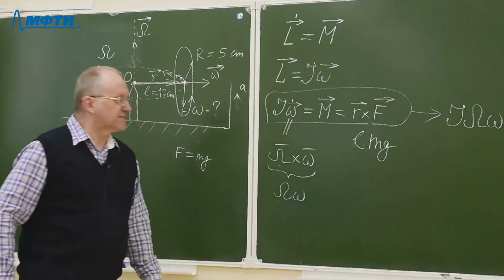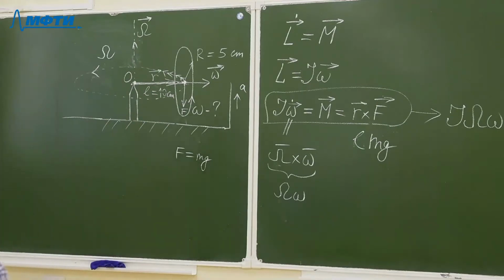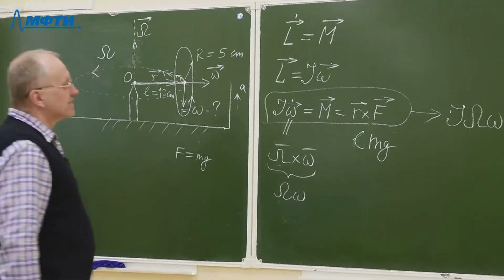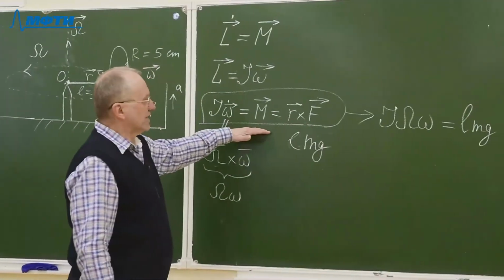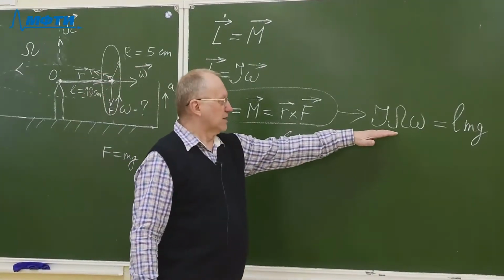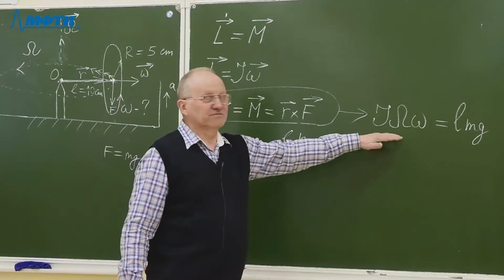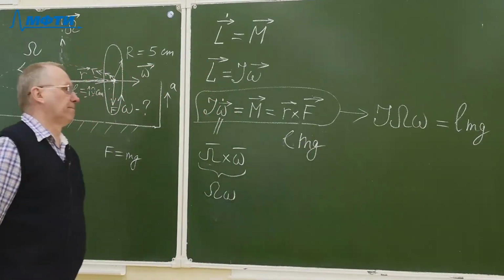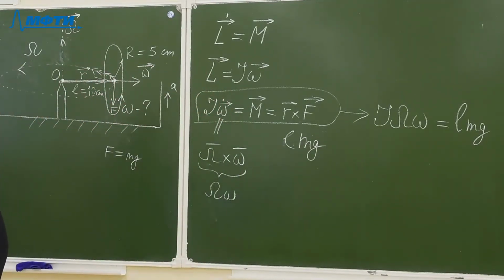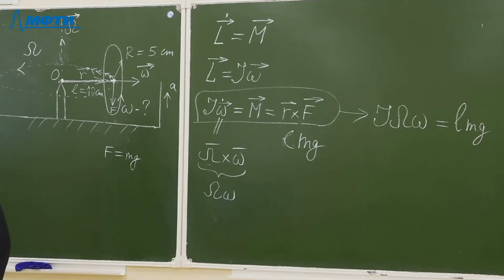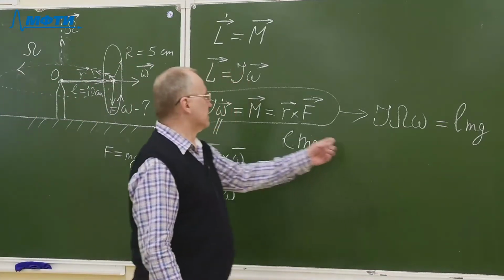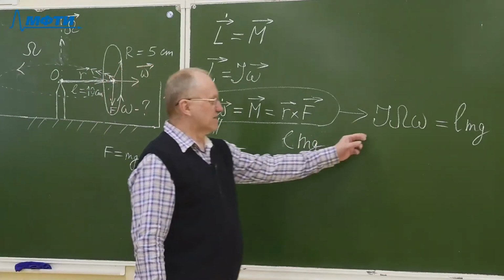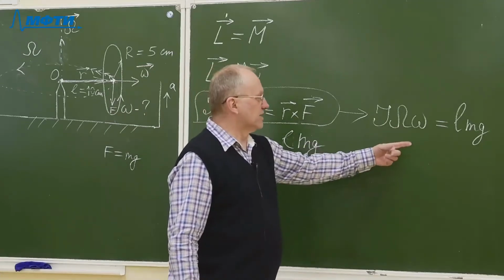That is the same equation written in scalar form when we go from the vector form to the magnitude, to the length of these vectors. Well, this is a very considerable simplification of the original equation, but that's not the last simplification we need.